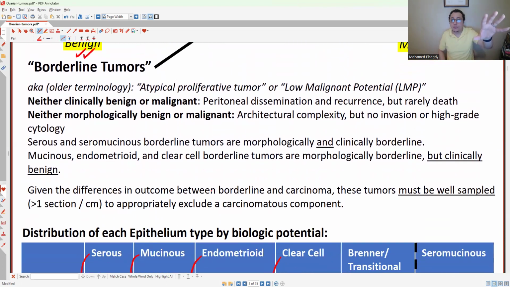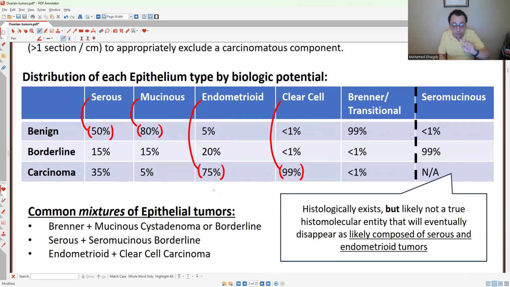I don't care about the older terminology and the newer terminology, but I care about this table. You need to know that serous and mucinous tumors most likely present as benign.